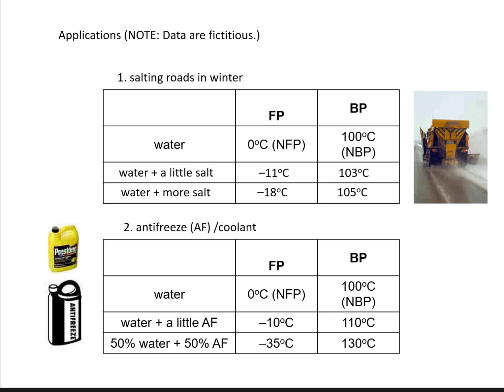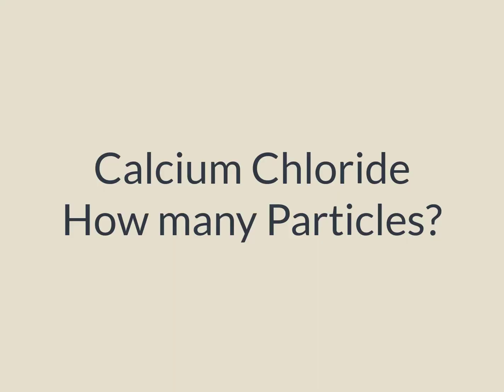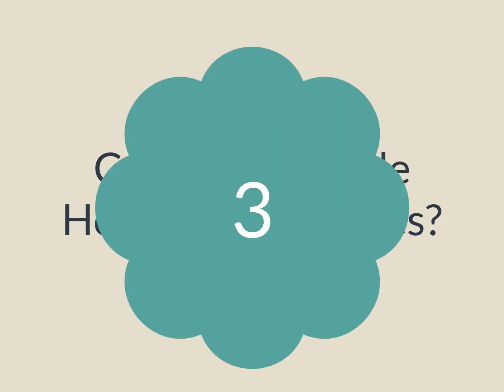If we're looking at calcium chloride, on the other hand, CaCl2, how many particles is that going to dissociate into? And we talked about this a little bit when we did electrolytes. Well, that's going to dissociate into 2 particles. Sorry, what did I just say? 3 particles.